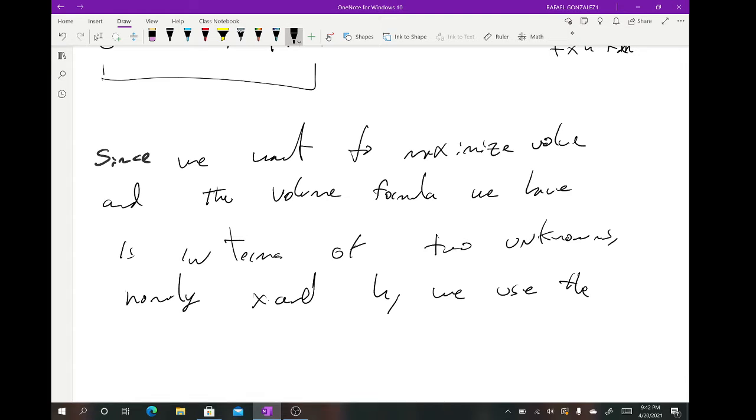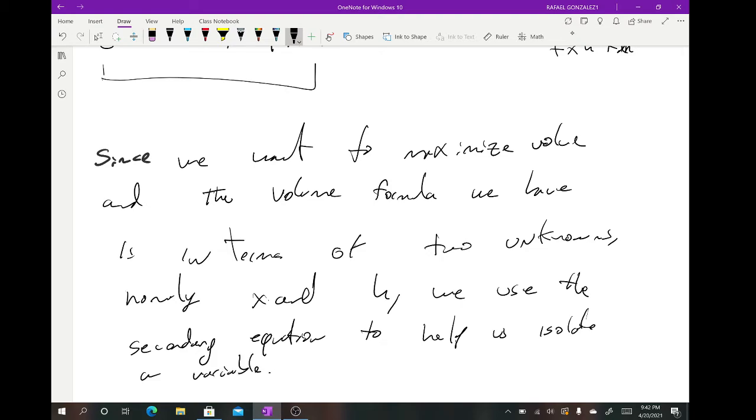This is the secondary equation, to help us isolate a variable.